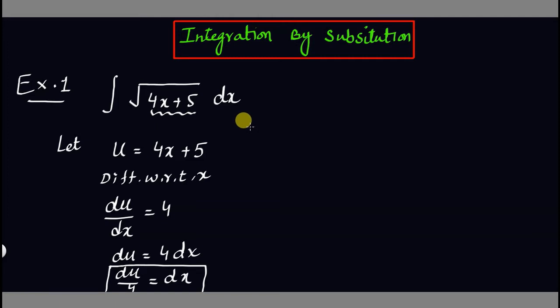The very important thing is why we differentiate this function. Actually, substitution means change of variable. You have to replace the variable that is already present in the question by another variable. So we have to replace the overall function 4x plus 5 by u, and this dx, obviously this is a differential, so you have to replace dx as well.